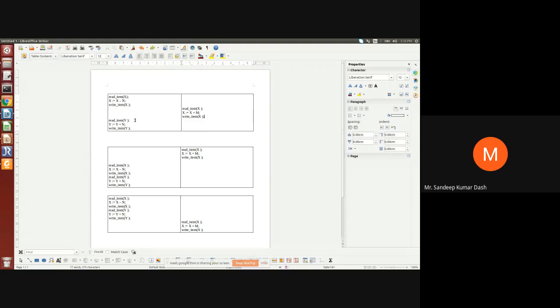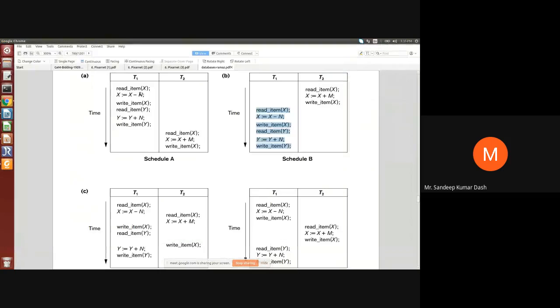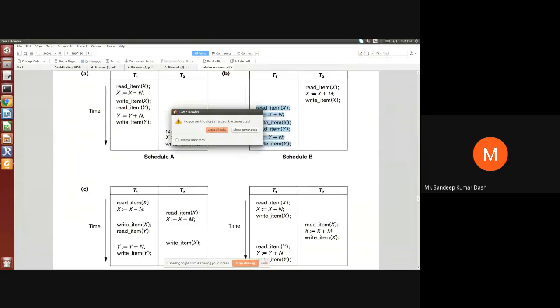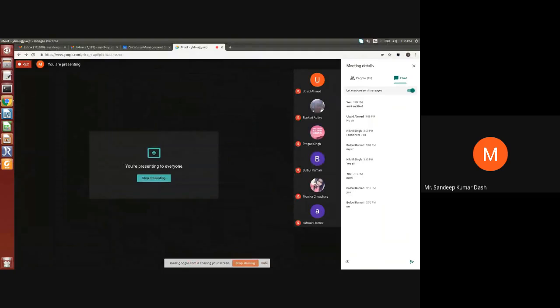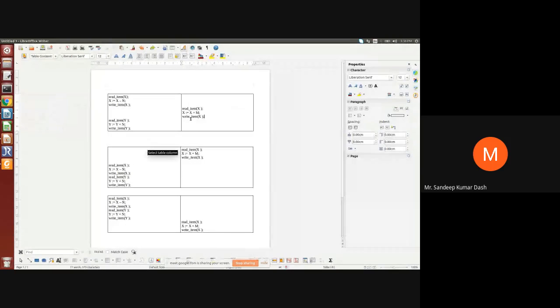Write item X, read item Y. Now, are these two operations conflicting? This and this? Are they conflicting? No, because this is a write on X, this is a read on Y. These are not conflicting, so you can do that.